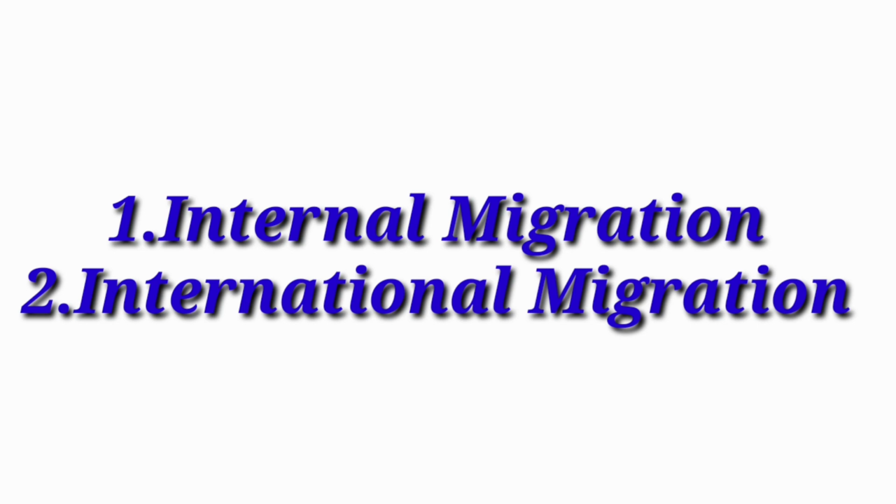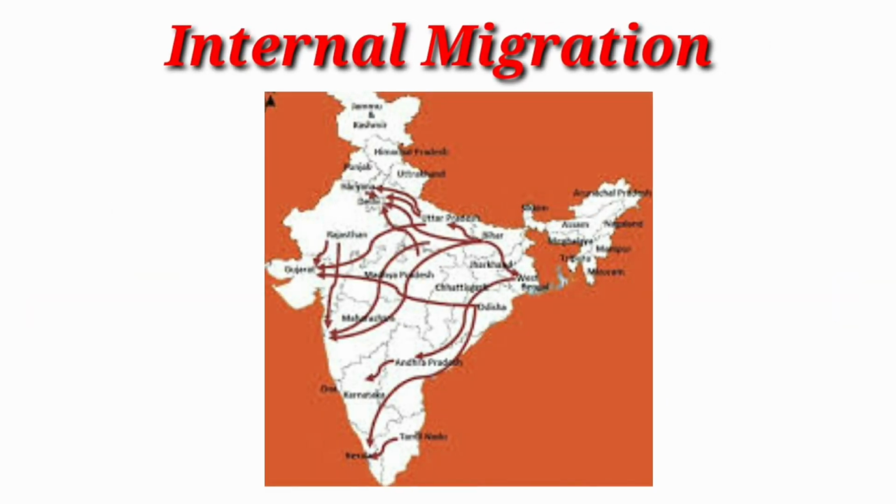Internal migration is migration within the country. The people move from one place to another place only within that country. This will not affect the size of the population, but it somewhat influences the distribution of population within that nation.